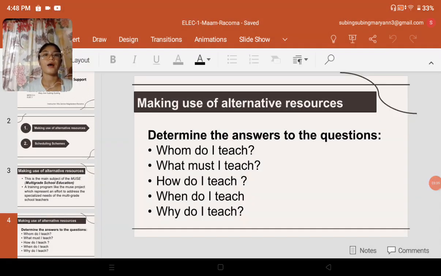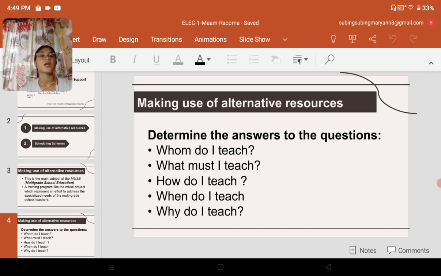To help in making an effective multi-grade lesson plan for each grade level for which the teacher is responsible, he or she must determine the answers to the questions: Whom do I teach? What must I teach? How do I teach? When do I teach? And why do I teach?